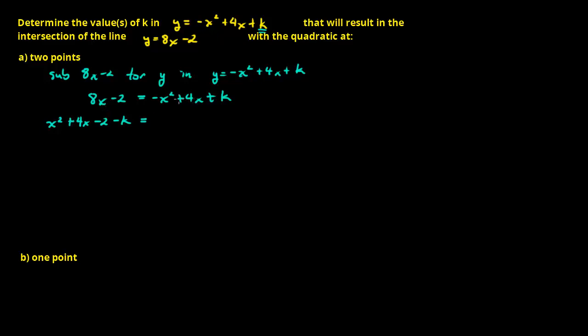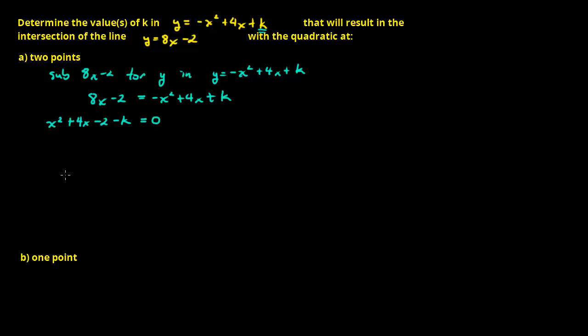If I subtract 4x from 8x, I'll get 4x. If I add x squared to both sides of the equation, on the left side I'll get x squared. There's no other constant term other than k on the right side, so when I subtract k from both sides, I get negative 2 minus k. And that should all be equal to 0.